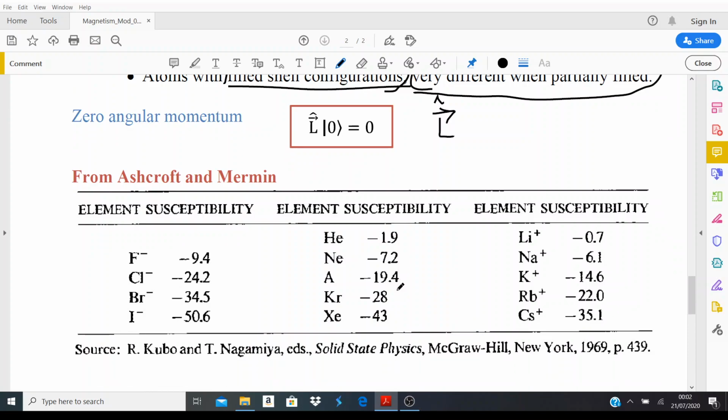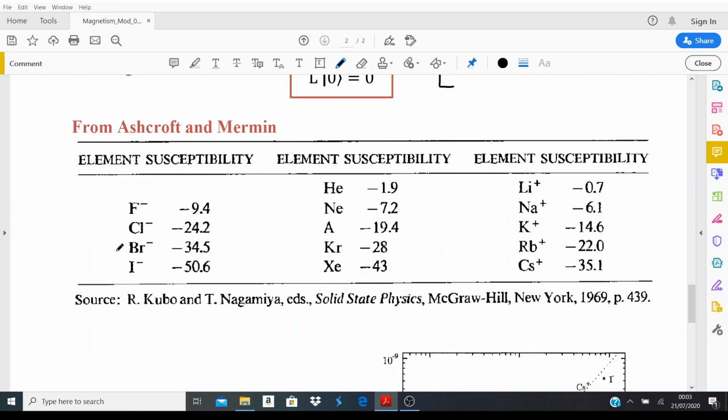And then I just want to finish up this lecture by showing you some data. This is from the classic book of solid-state physics. I hope every one of you has heard about this book. This is the classic old one from Ashcroft and Mermin. You can see there are different ions here, the noble gases, different ions there, and you can see the values of susceptibilities here.